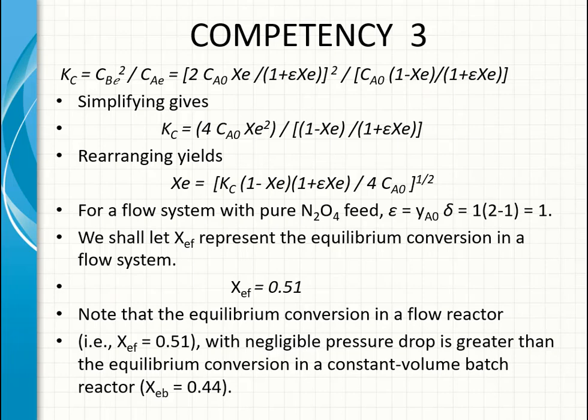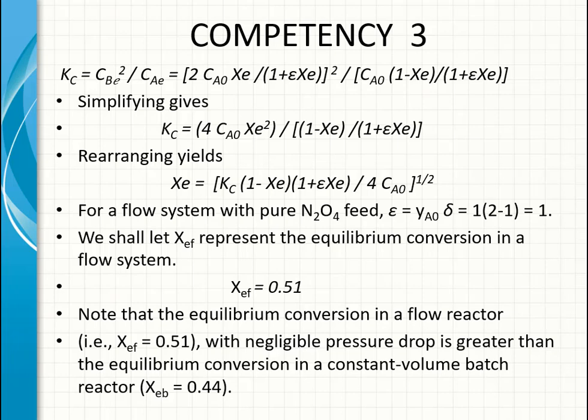So it will be 2Ca0 Xe divided by 1 plus epsilon Xe, all that to the square, divided by Ca0 times 1 minus Xe divided by 1 plus epsilon Xe. So we will have at the end that Xe is equal to Kc times 1 minus Xe times 1 plus epsilon Xe divided by 4Ca0, all that to the 1/2.